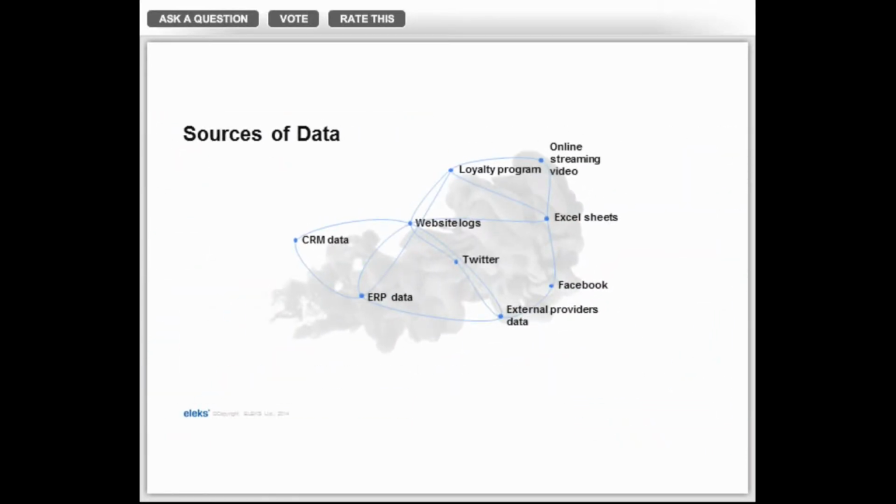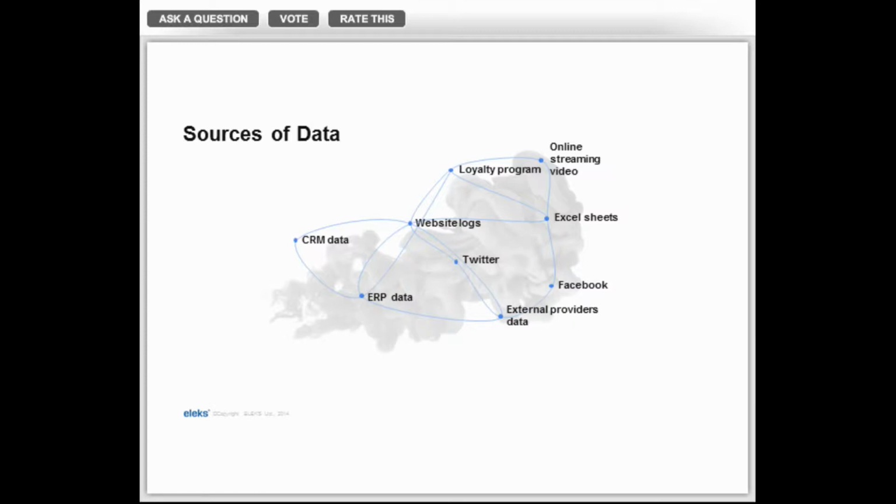We've been talking about data science bringing insights from the data. So what kind of data is that? This can be both internal and external sources. Internal sources are CRM data, ERP data, logs of website visitors, which pages they have visited, what their journeys or routes through the website are, data from your loyalty programs, and much more.